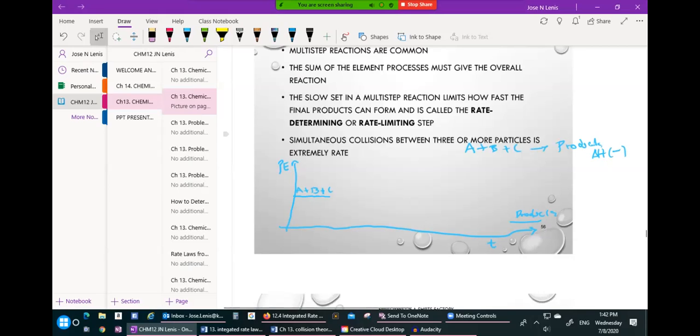So on a multi-step process, we can think, let's say, the first step could be something like that. And then one more step. And then another step here, until finally it forms the products.